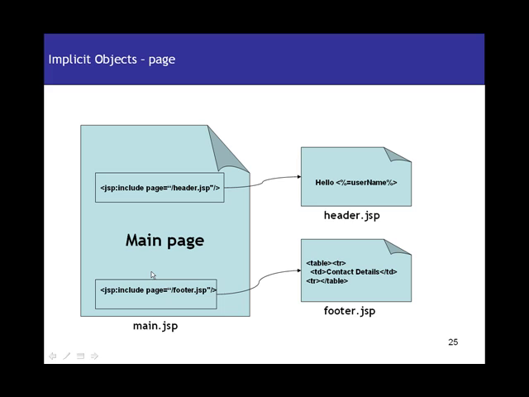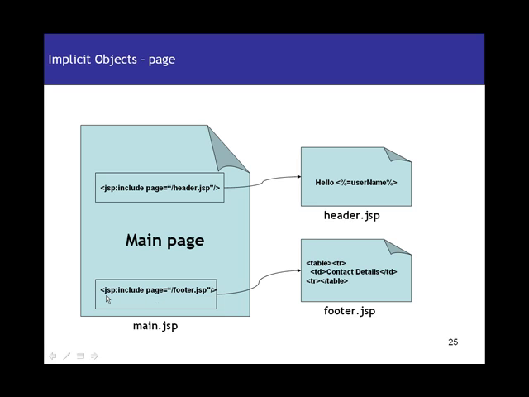So instead of having that common text present in each and every JSP page in your application, it would be a good design to have that common header and footer text in a different header.jsp and footer.jsp file, and you're going to add that header and footer in each and every page in the application, right?